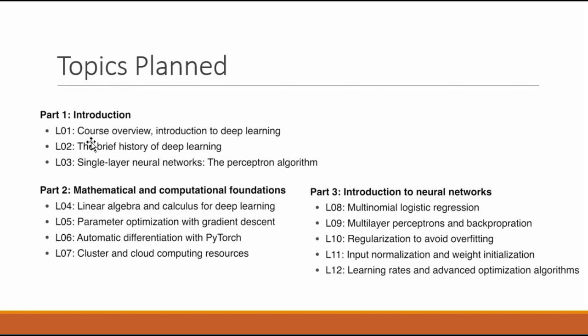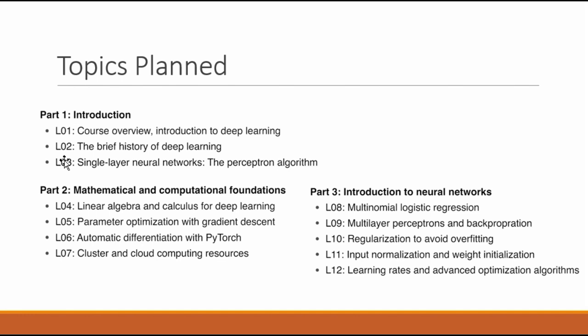Then I want to also briefly talk about the history of deep learning, and I think that's interesting because that helps you understand where the things and motivations are coming from. Because the term deep learning is relatively new. It emerged about 10 to 12 years ago, but it has a long history.